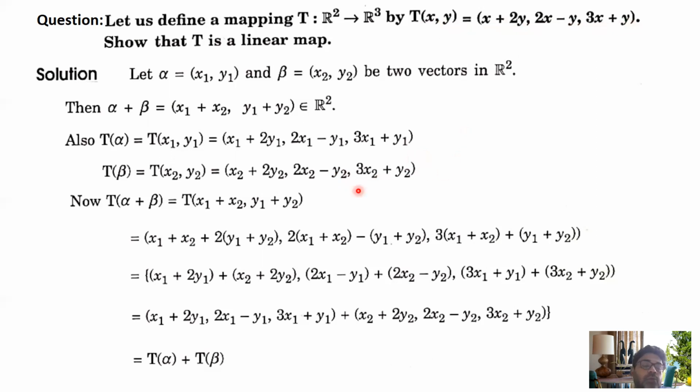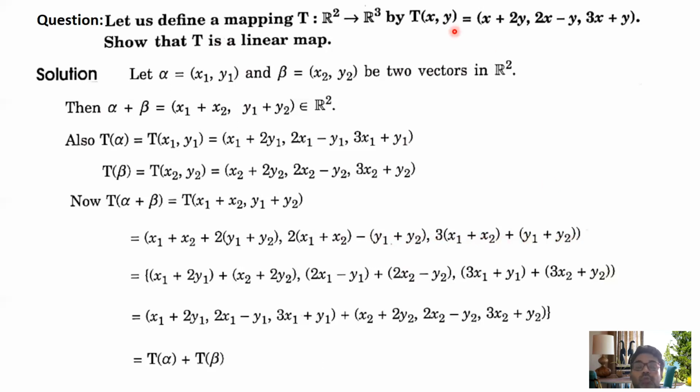Clear? Now T(alpha plus beta) is equal to T(x1 plus x2, y1 plus y2), which is ((x1 plus x2) plus 2(y1 plus y2), 2(x1 plus x2) minus (y1 plus y2), 3(x1 plus x2) plus (y1 plus y2)).